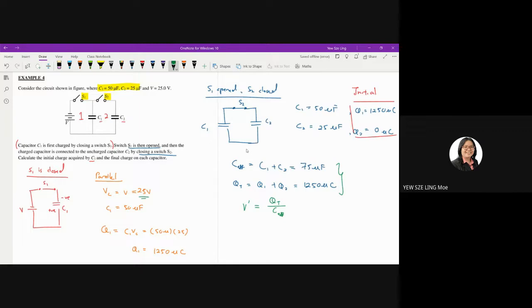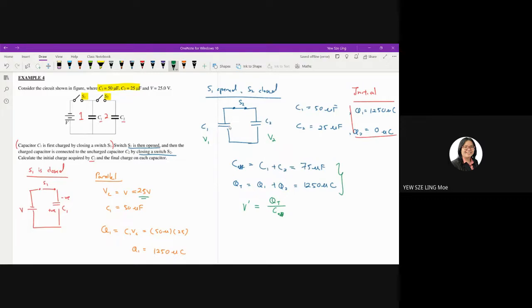Remember, you can no longer use 25 volt. Why? Because the moment you close S2, V1 will start to drop and V2 will start to increase. So it won't be able to maintain 25 volt, because you have no power supply in the circuit.